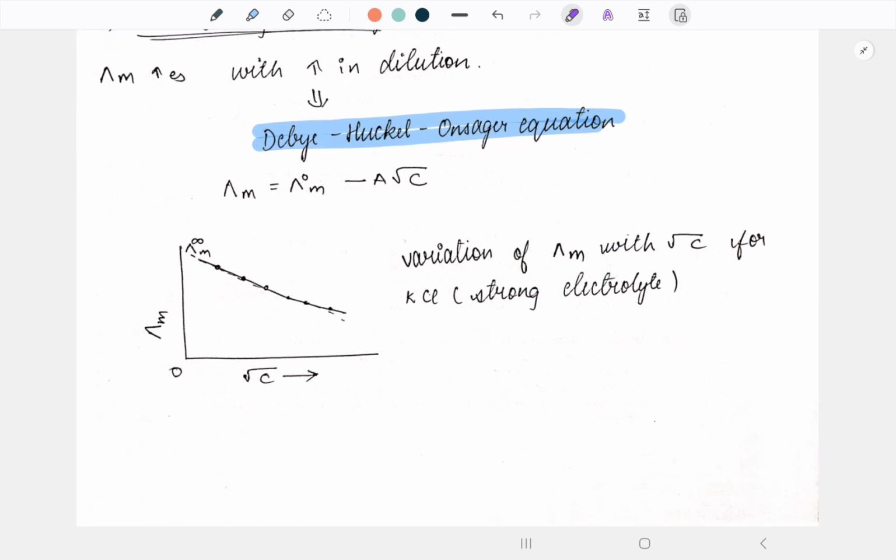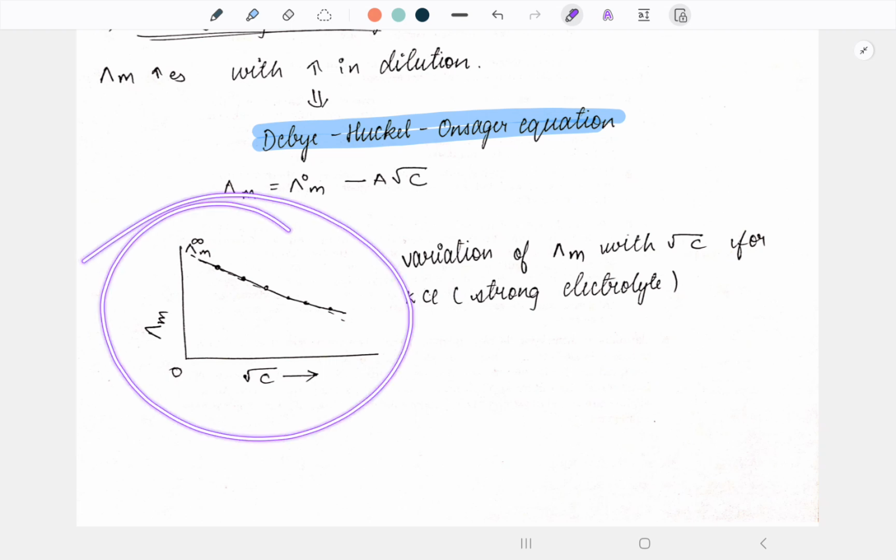So here we can plot a graph of molar conductivity against root C. We get a straight line with a slope of minus A and an intercept of the limiting molar conductivity. The value of constant A will depend upon the type of electrolyte, that is, the charges on the cation and anion produced on the ionization of the electrolyte in the solution.